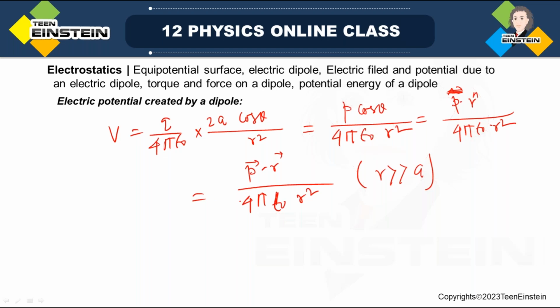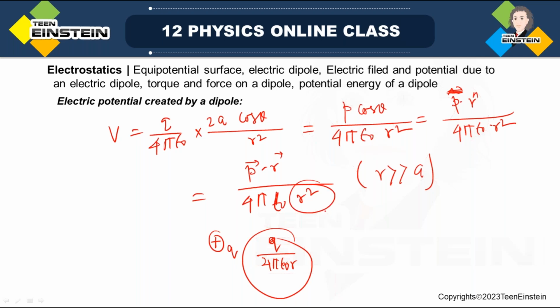So you can see the simple difference between the electric potential created by a point charge. That was q by 4 pi epsilon naught r, but now for a dipole it is r square.